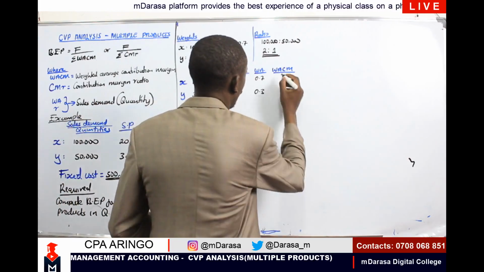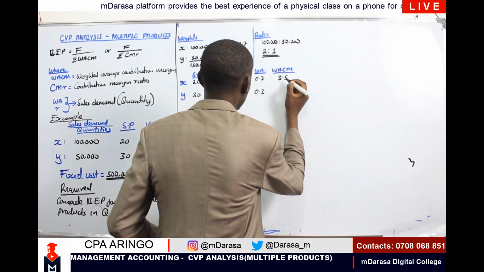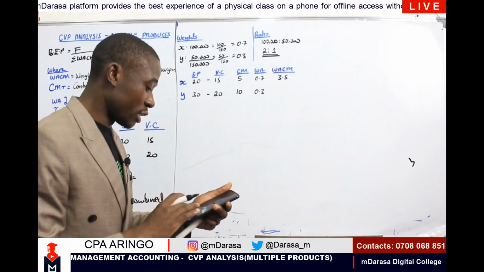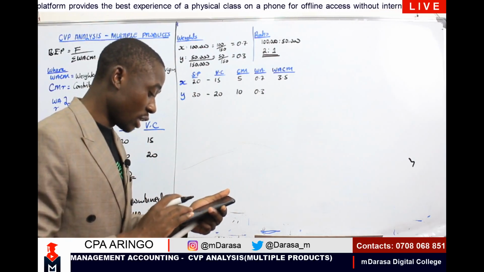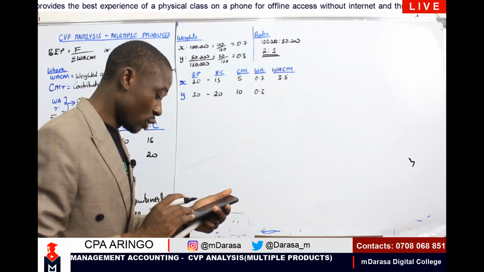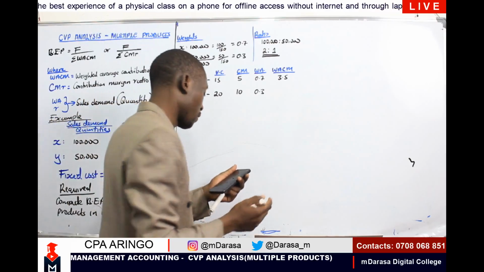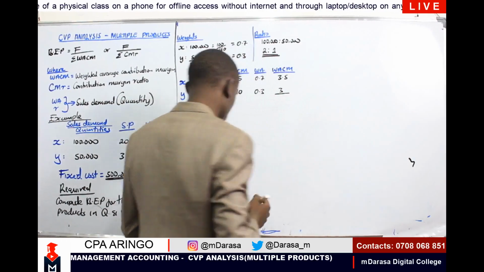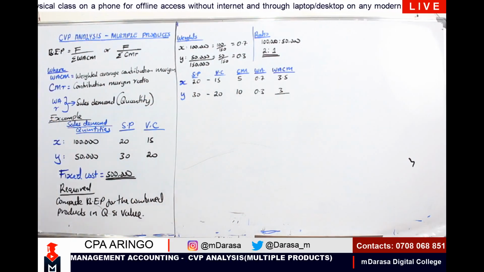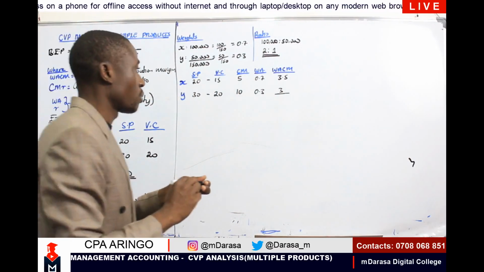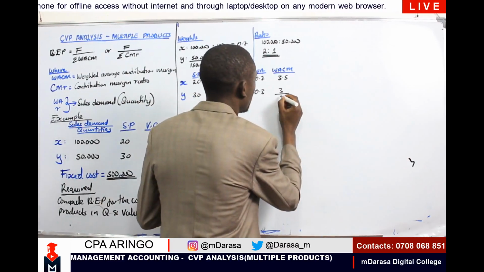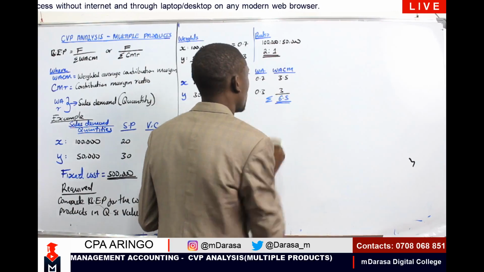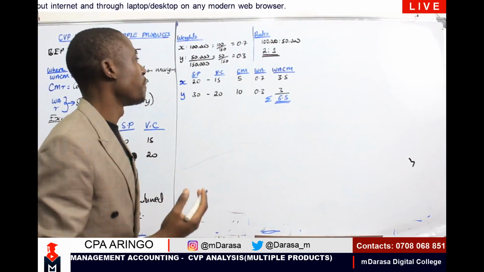Then I take our 10 by 0.3. That should give us, my good student, how much? I'm having a figure of 3. So the summation of weighted average contribution margin, we can clearly see, is 6.5.